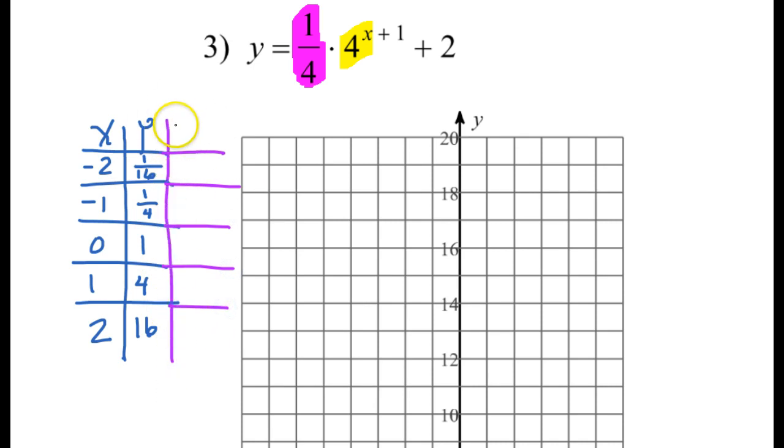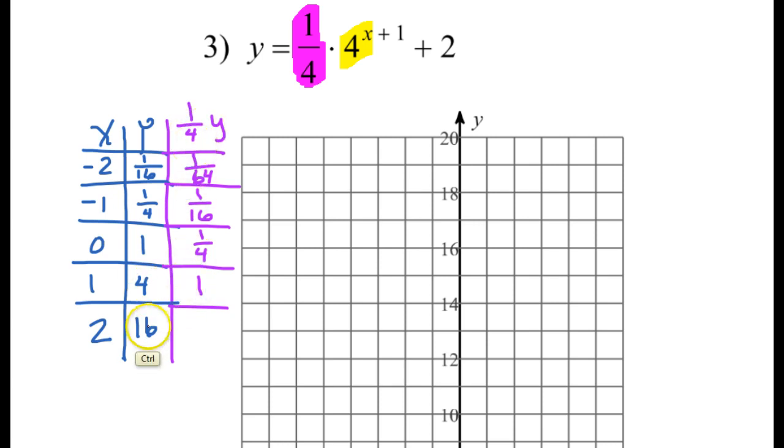And my new y column will be 1/4 times the old y values. Okay, 1/4 times 1/16. So that's 1/64. 1/4 times 1/4 is 1/16. 1/4 times 1 is 1/4. 1/4 times 4 is 1.